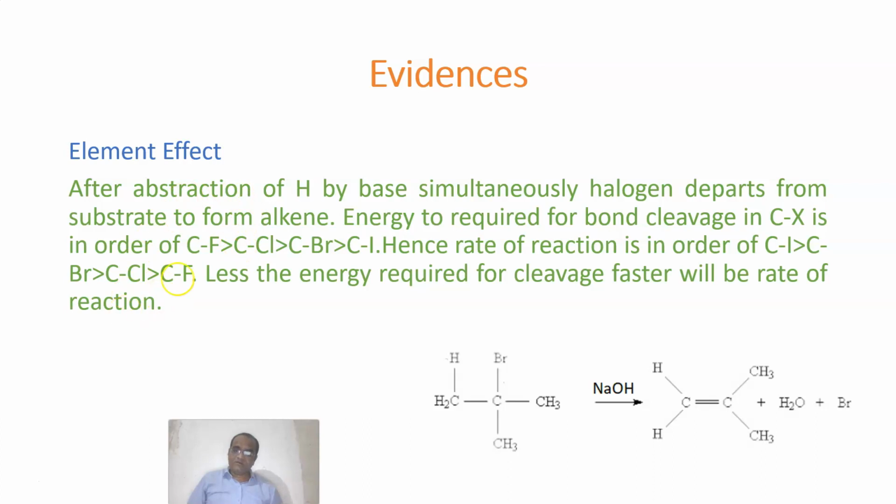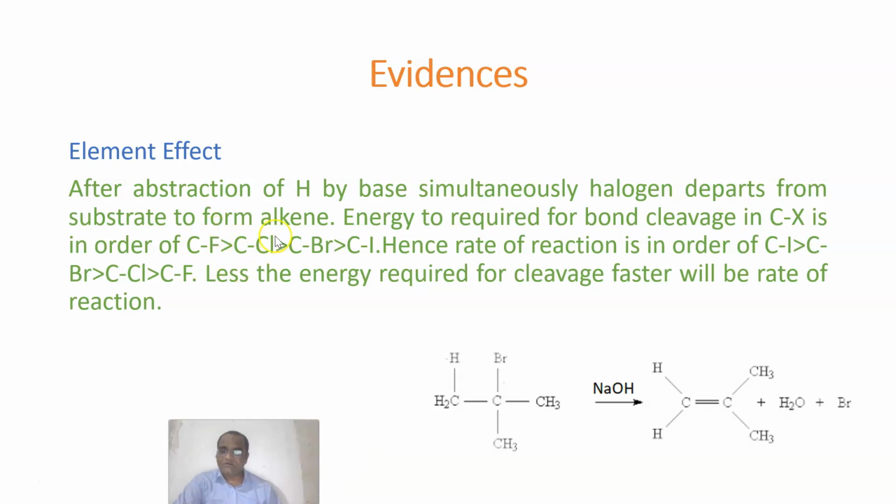You might already know that fluorine is one of the most electronegative atoms in the periodic table. The second halogen is chlorine, after that bromine, and after that iodine. Halogens are among the smallest elements in the periodic table, so atomic size also matters. Atomic size is very small for fluorine.